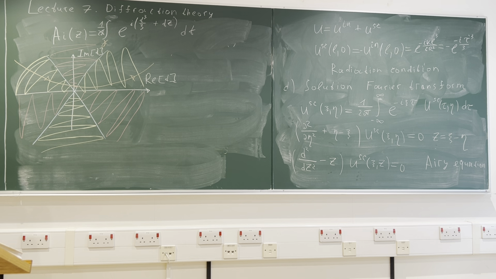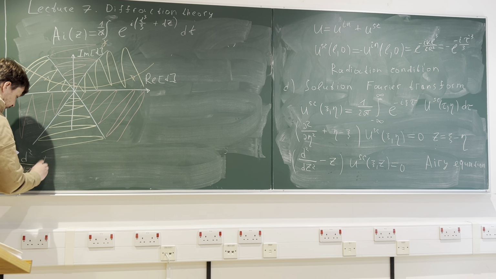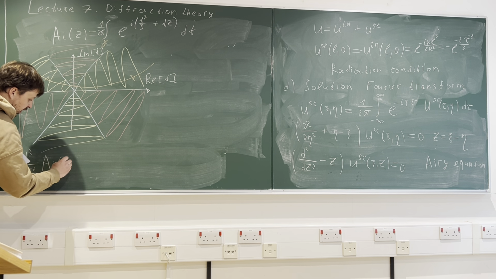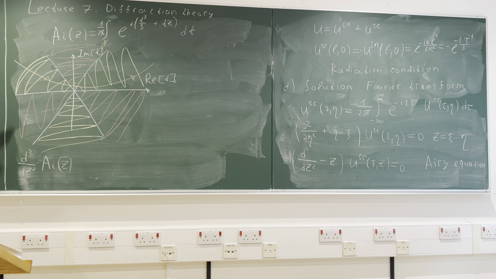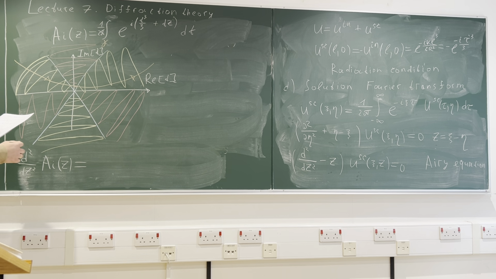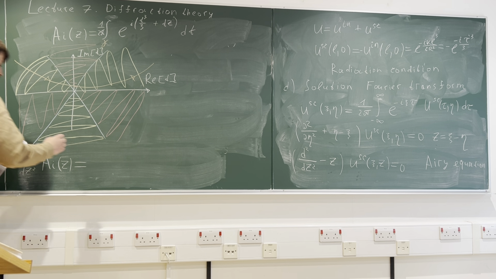So let's apply the second derivative to the Airy function. And since I deform my contour like this, I have an absolutely converging integral. I can differentiate under the sign of the integral. Now I don't have any problems. Shouldn't worry about smoothness. So what do we have?